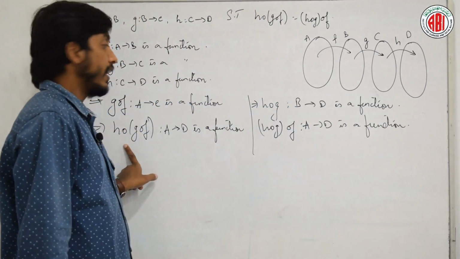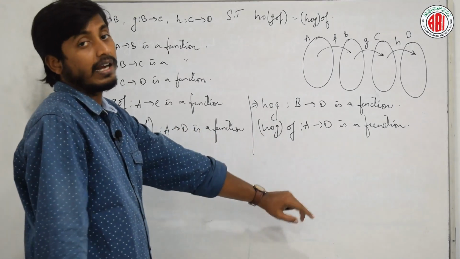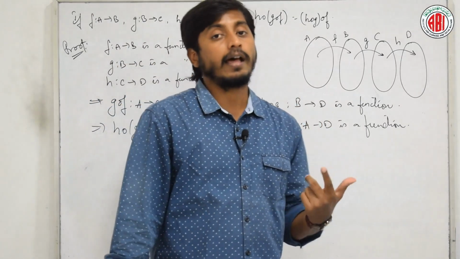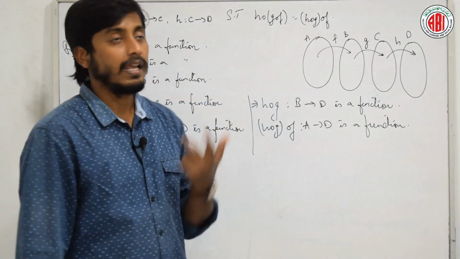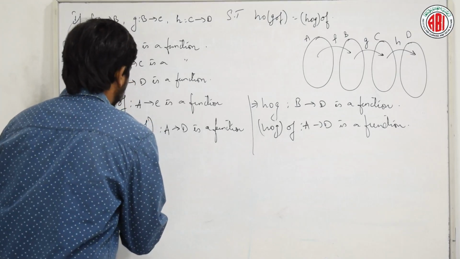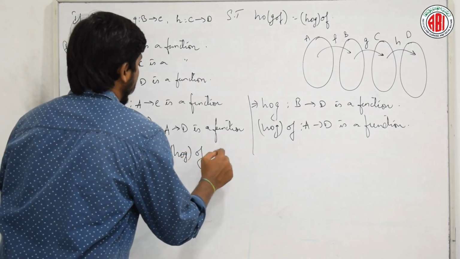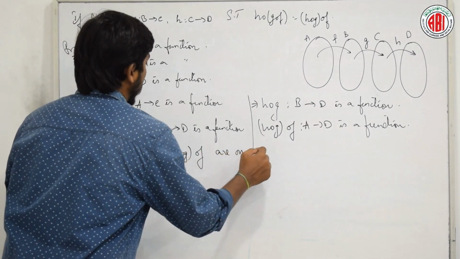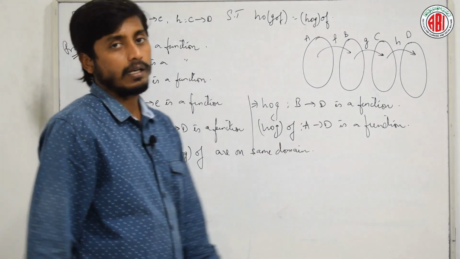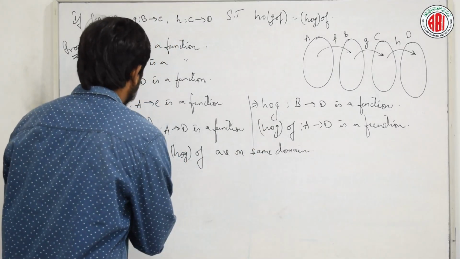Now if you observe, both h circle g circle f expressions are mapping in the same route, that is A to D and A to D. So they are on the same domain. Clear?